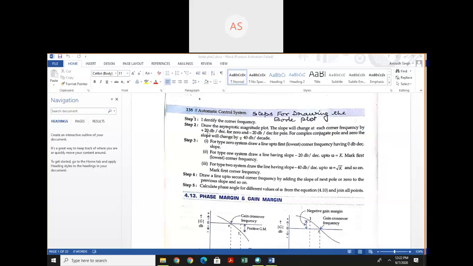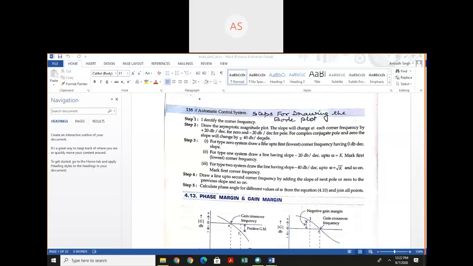For zeros, there is a change of slope of plus 20 dB per decade, and for poles the slope will change by minus 20 dB per decade. For complex conjugate poles and zeros, the slope will change by minus or plus 40 dB per decade.